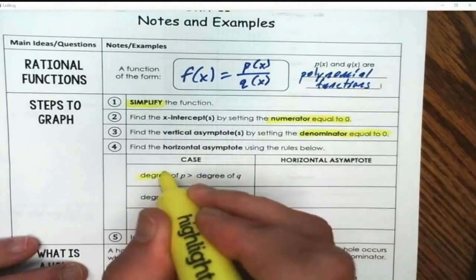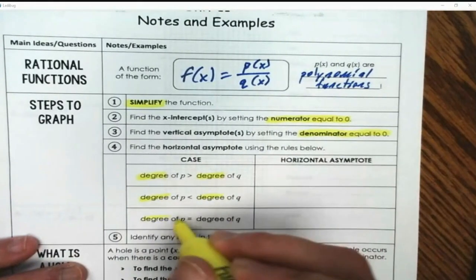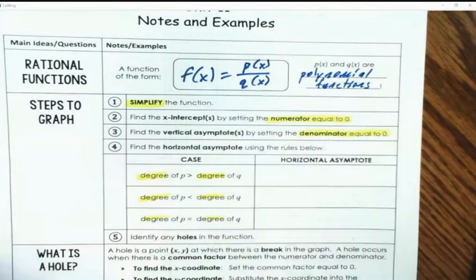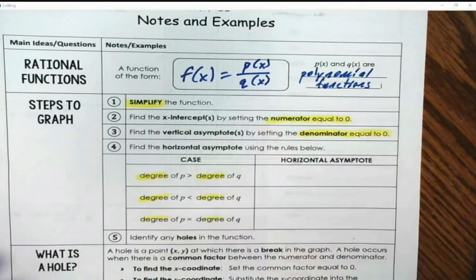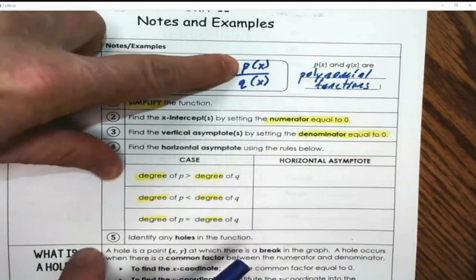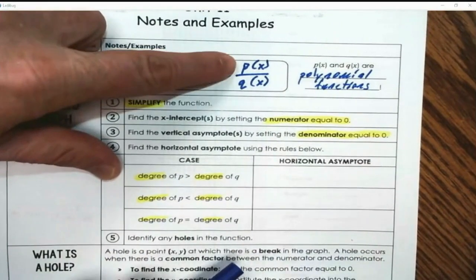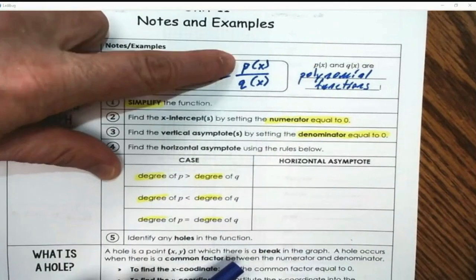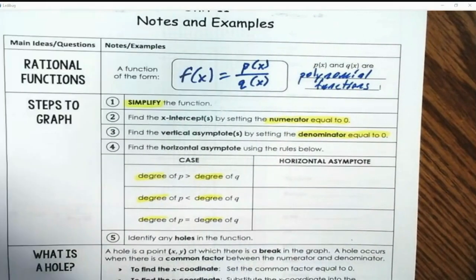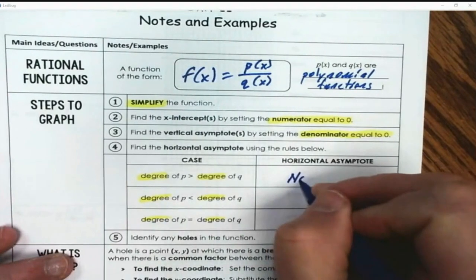You have to look at the degree of the P and the Q, P over Q. So if the degree of the P, the one on top, is larger than the degree of the one on bottom, if this is x to the fourth and this is x squared, well, x to the fourth is larger than x squared. So that will have no horizontal asymptote.